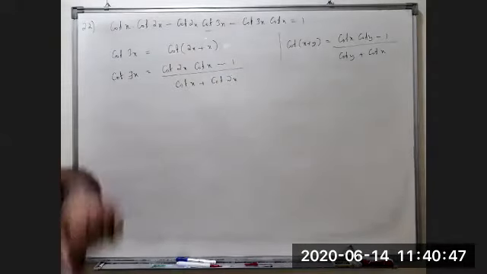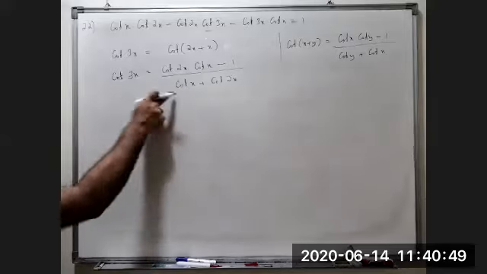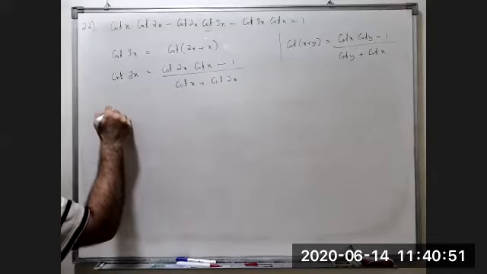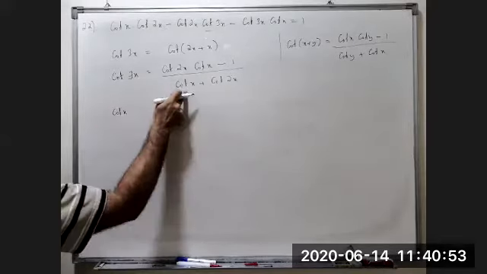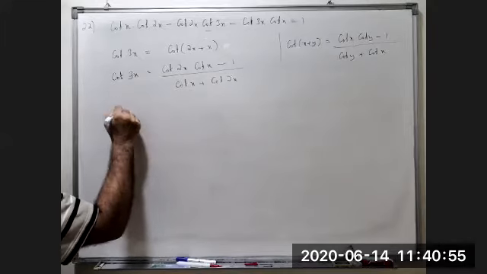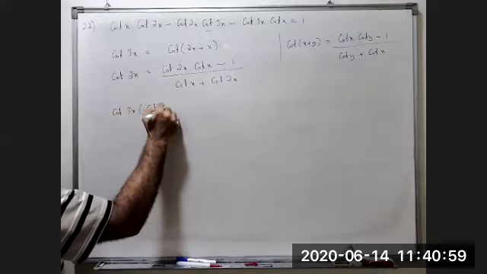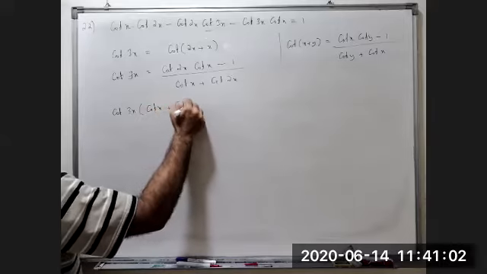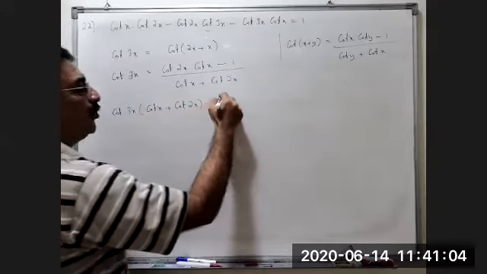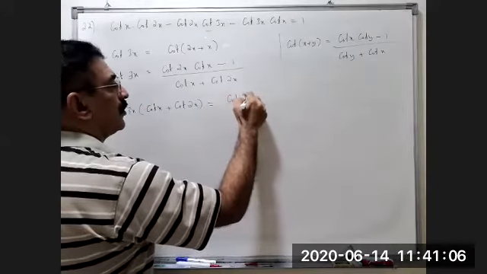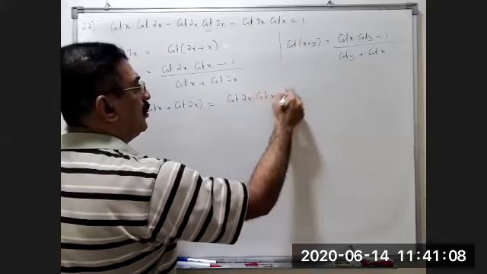Now cross multiply. Cot 3x multiplied with cot x plus cot 2x is equal to cot 2x cot x minus 1.